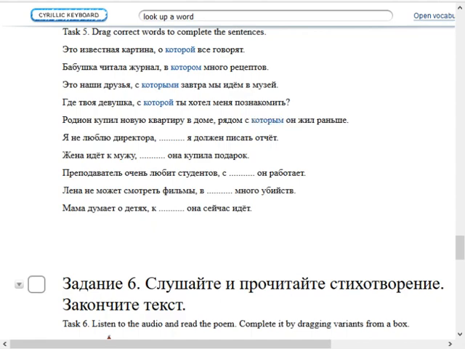Yes. Я не люблю директора, которому я должен писать отчет. I don't like the director for which I need to write a report.